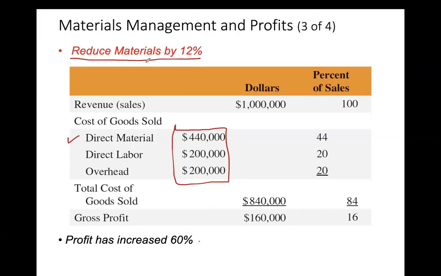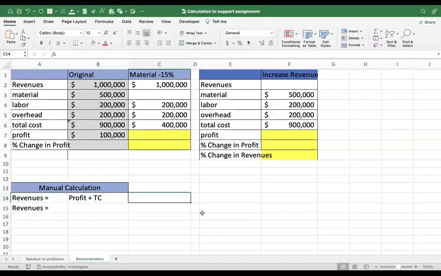The message is that if you can reduce material cost by only 12%, it would bring about an increase of 60% in profits, and that is a big increase. And therefore, the job of material management is so important that every penny saved here would make a big difference in the profit. Now, we'll be doing the same thing, but using Microsoft Excel.